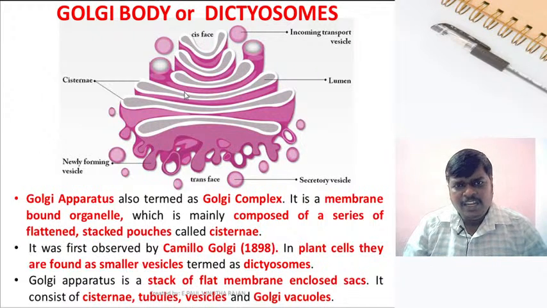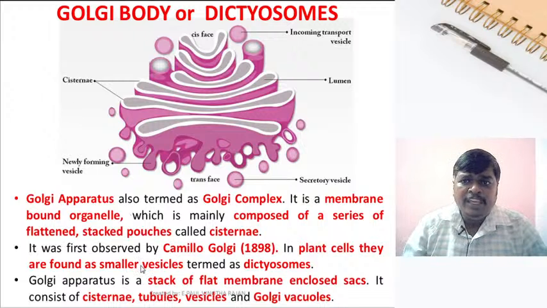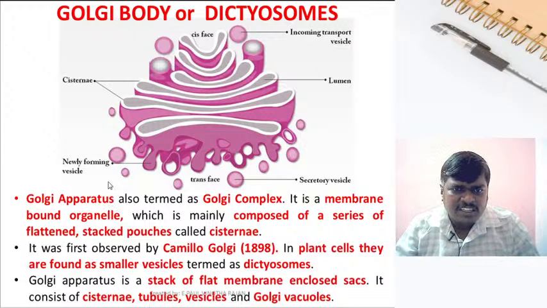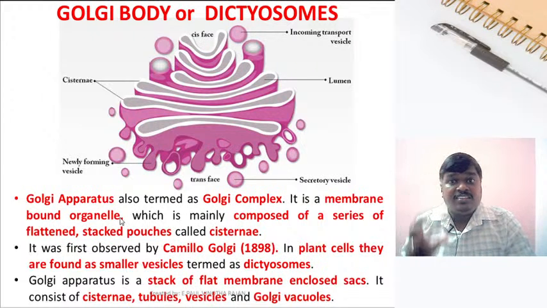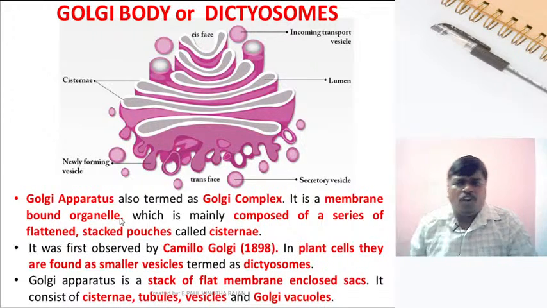Can you see that inner folding like structure? This is called cisternae. They can also be in tubular forms like tubes, and they can be vesicles. Can you see it here? These are all vesicles, and large vacuoles can also be there. So it can exist in 4 different forms.